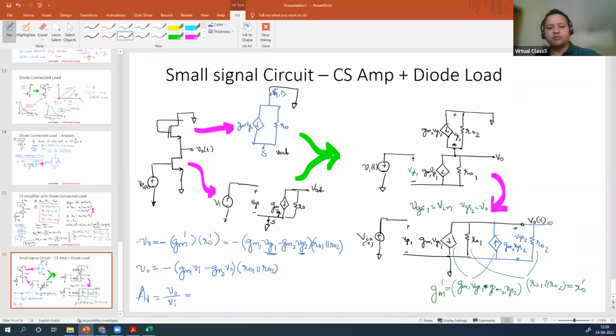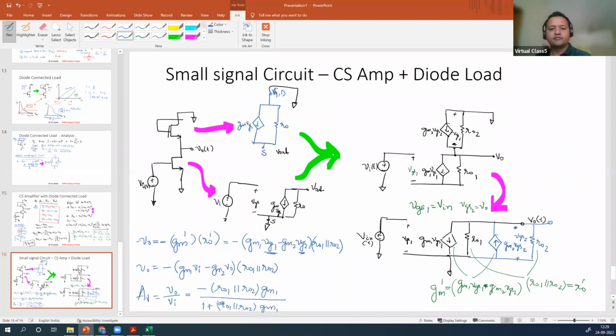You divide these two, the minus signs get cancelled, and you will get 1 minus sign pending. What is that? Minus R01 parallel with R02. I have retained minus and R01 here, multiplied with the GM because it is the V1 factor. GM1 divided by 1 plus R01 parallel with R02 times GM. Sorry, this is GM2, second one.